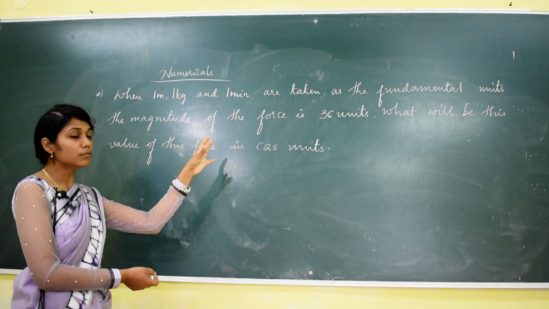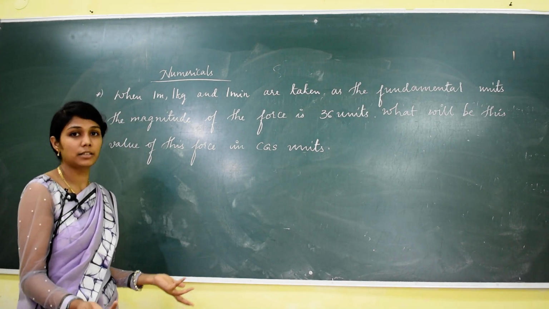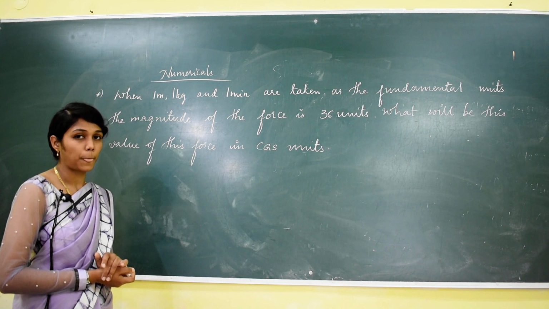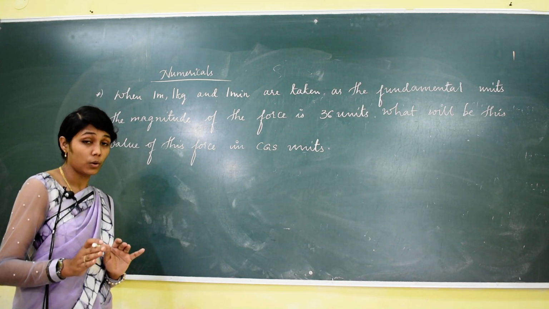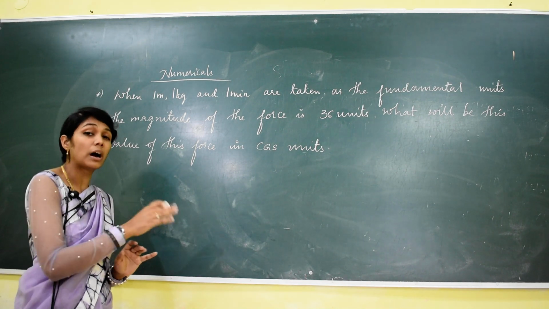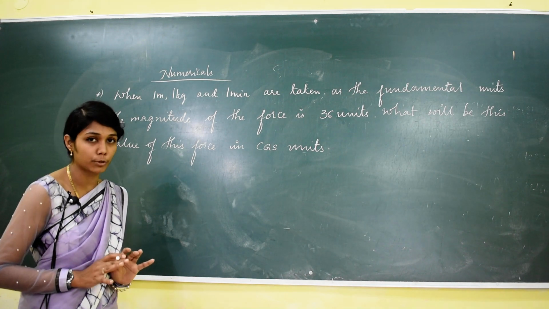So we have to convert this unit of force into the new system of units, that is dyne itself. In the CGS system the unit of force is dyne. If you don't know the unit in the CGS system, then you have to write new system of units there. That's more than enough for you.